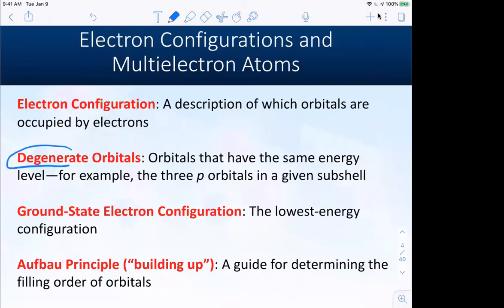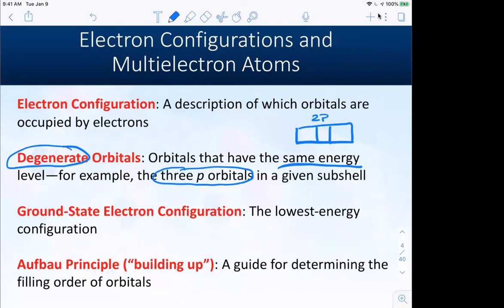Degenerate orbitals are those that have the same energy. So anything in the same subshell, for example, the 3p orbitals in that given subshell, would have equal energy. Remember, if I use my box diagrams, I'm going to use this sort of representation for, let's say, the 2p subshell.